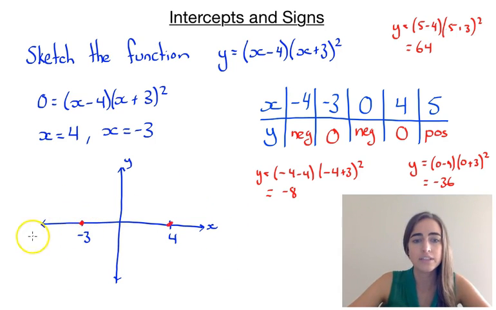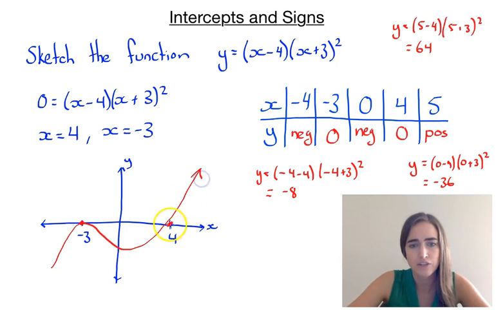Below this intercept, our function is going to be negative, so it's going to be below the x-axis. Between our two intercepts, it's going to be below the axis as well because it's negative. But above this one, our function is going to be positive, so it's going to be above that axis. So our function is going to look something roughly like this. And that should be going through that point there, sorry. So that's a few examples of signs and intercepts.